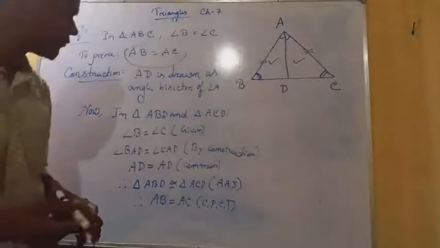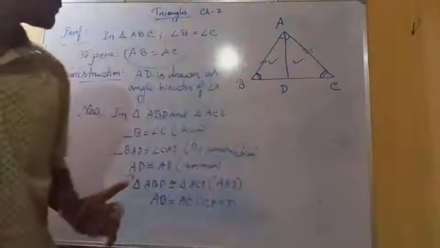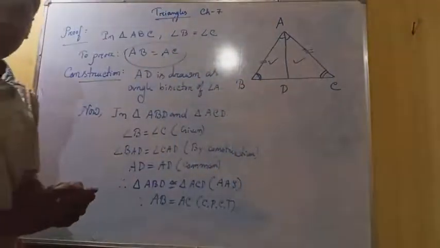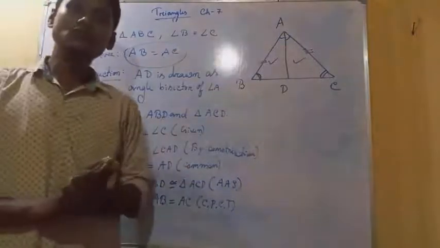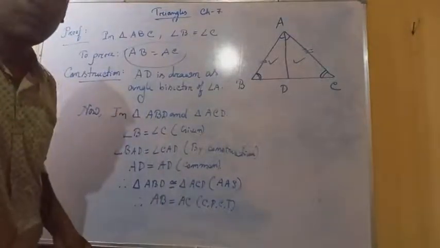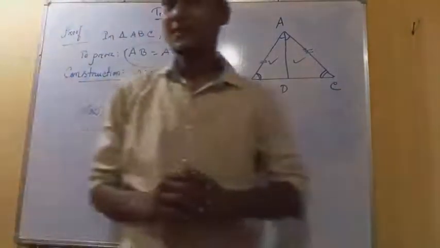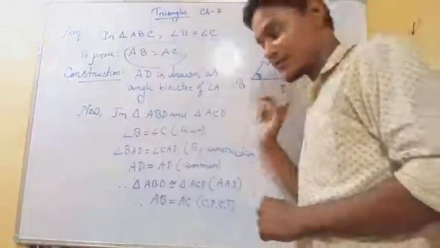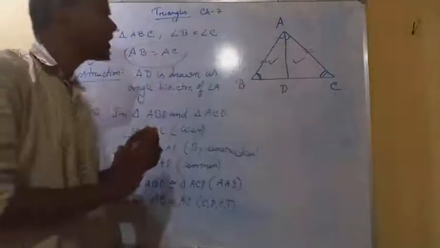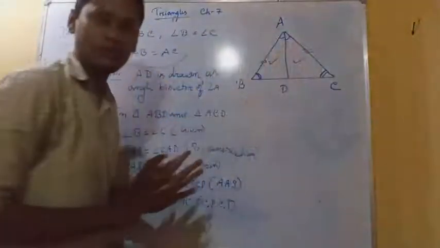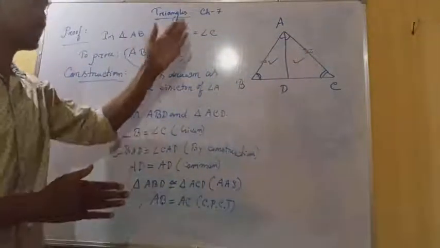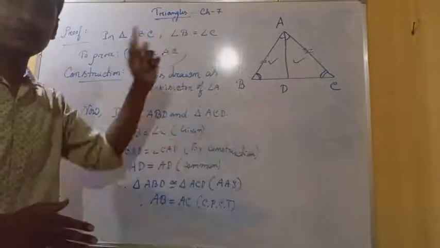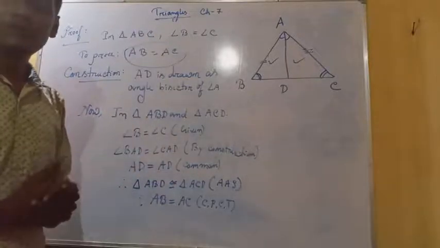So this is how we can show that if in a triangle two angles are equal, then opposite sides will be equal.